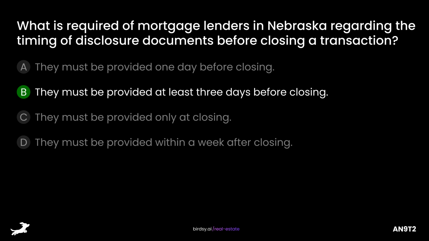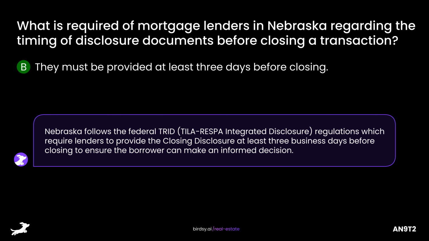The answer is B. They must be provided at least 3 days before closing. Nebraska follows the federal TRID, TILA-RESPA Integrated Disclosure, regulations, which require lenders to provide the closing disclosure at least 3 business days before closing to ensure the borrower can make an informed decision.